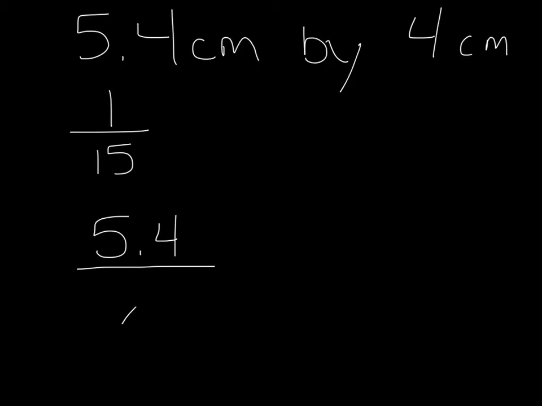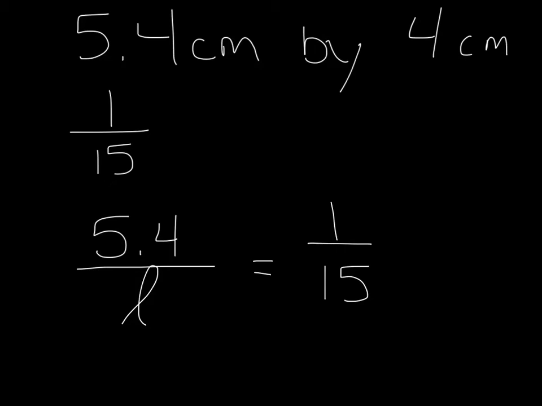L is absolutely correct. We can put an L, which stands for length. That is also a variable, so it's just like putting X, but in this instance we're putting L. Now, this has to equal our scale factor, so we're going to put it equal to 1 over 15.